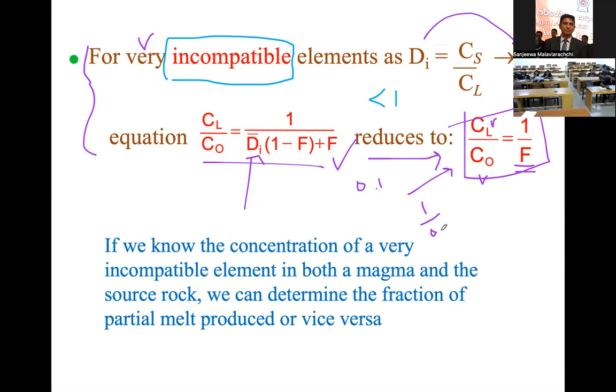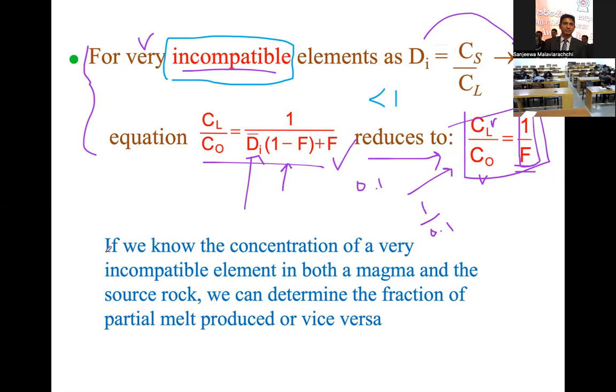This is a very simplified way of writing the batch melting equation for highly incompatible elements. Instead of using all these terms, you can simply take 1 over F as the function of their variation.